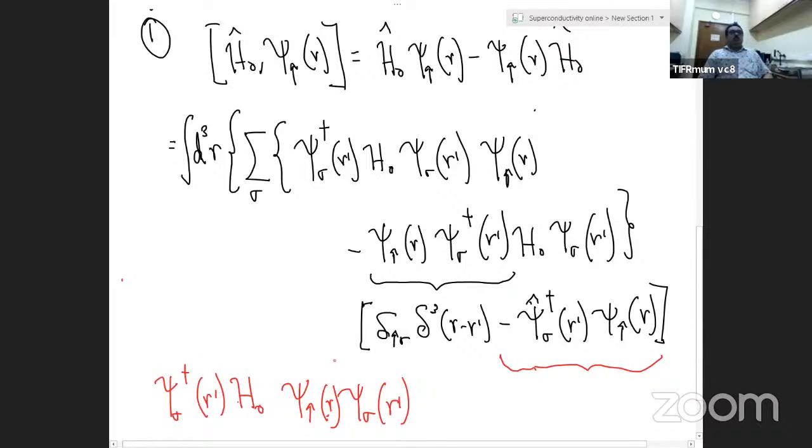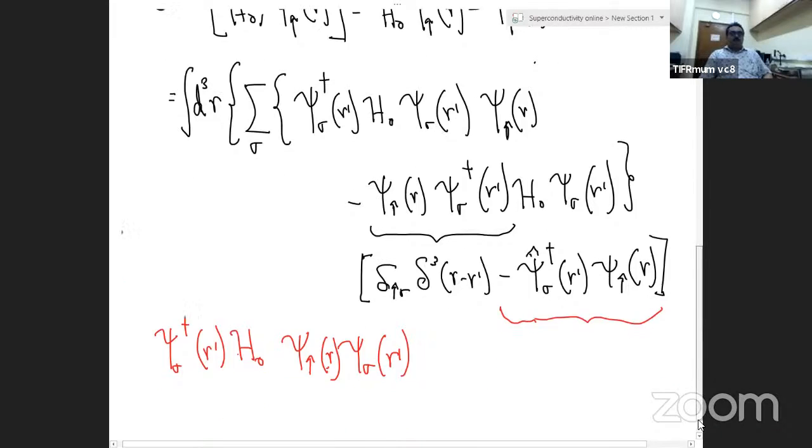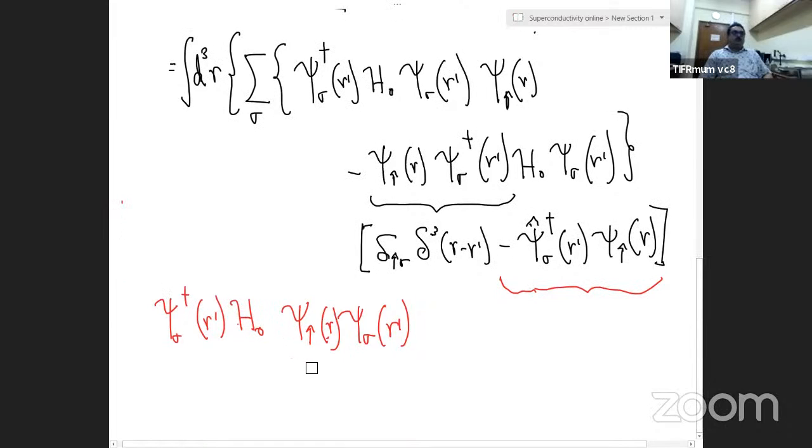Now I can use the commutation relation and interchange these two. Since these are fermionic operators, if I interchange these two, there will be a minus sign that will come.